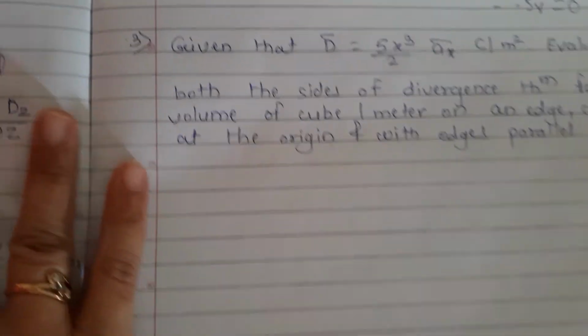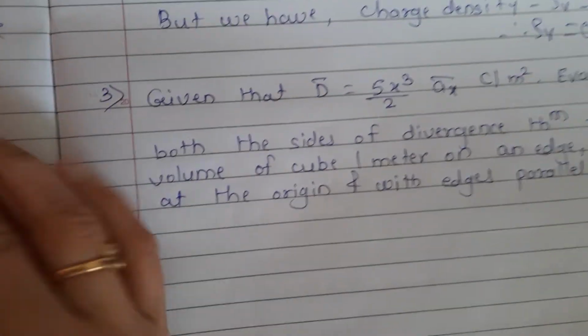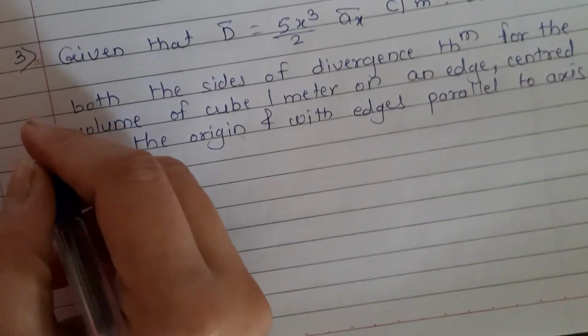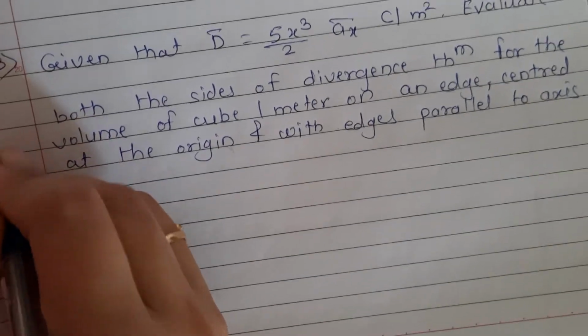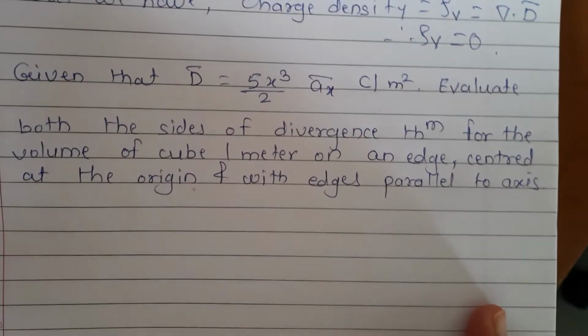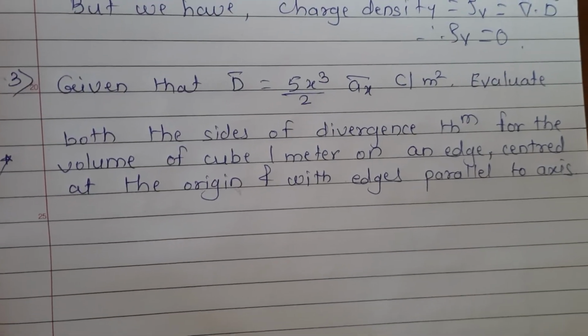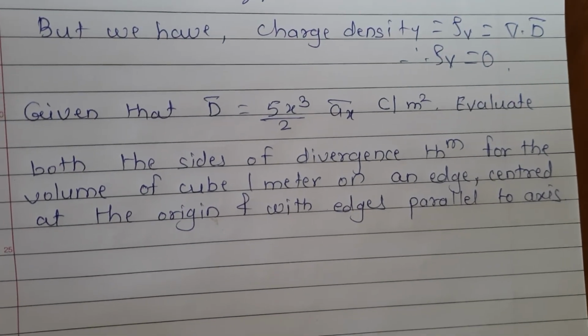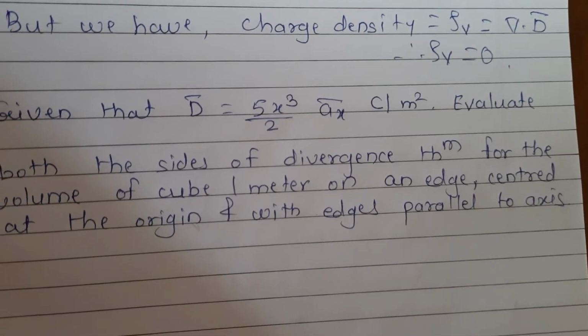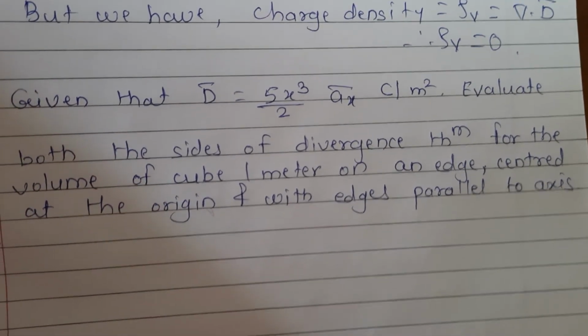Next problem was asked in university exam 2 times. So the problem is given that D bar is equal to 5x cube by 2 ax bar.